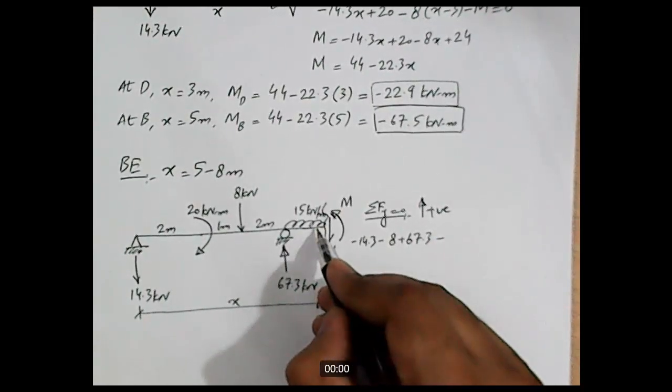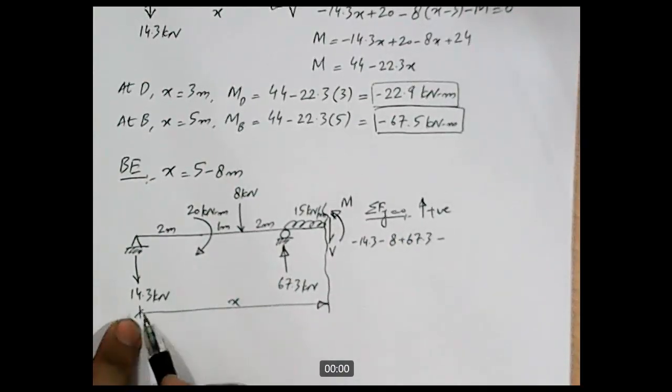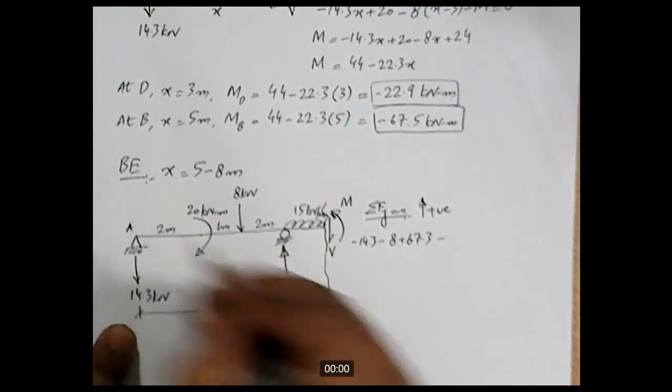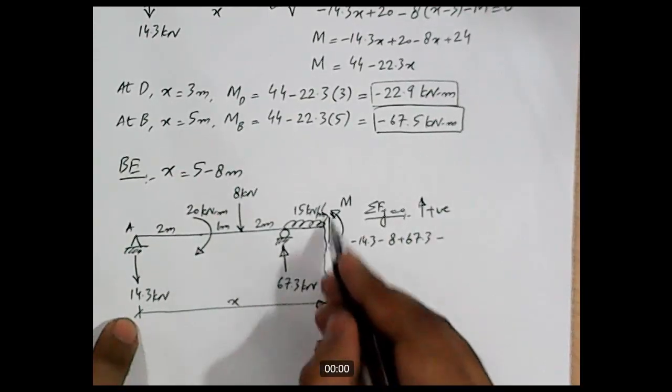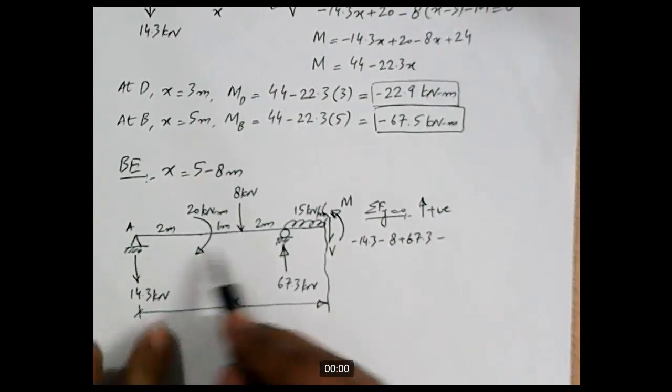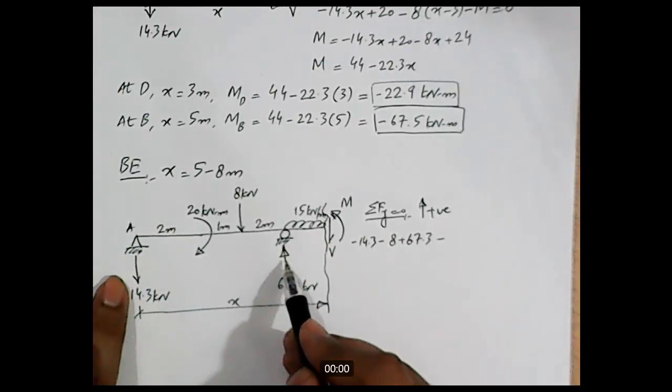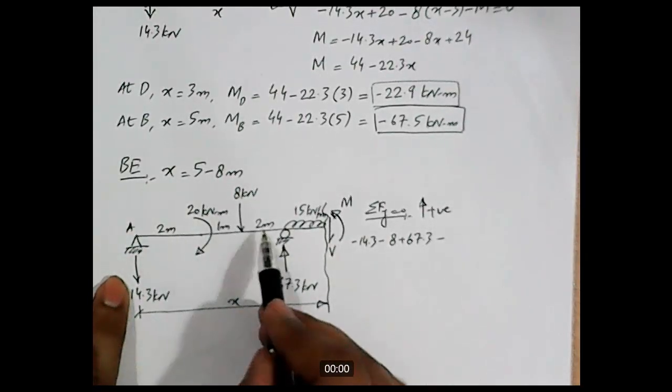Now how much will be the magnitude of the UDL? The distance between point A and the section is X. How much is this distance up to the starting point of the UDL? It is 2 plus 1 plus 2, 5.